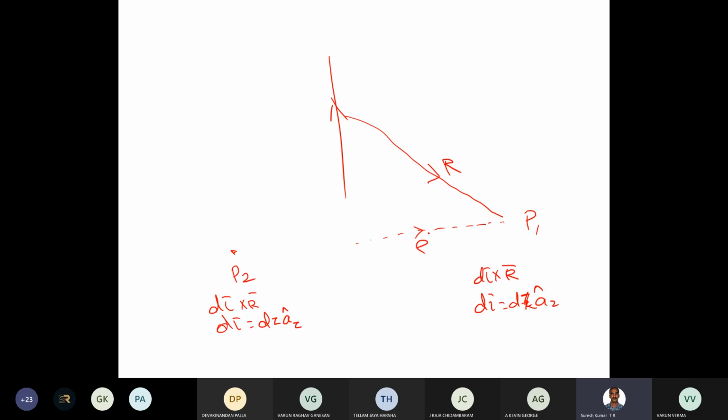And this is rho. So if you take this point, this will be the r vector, and this will be rho, and this will be z into az.